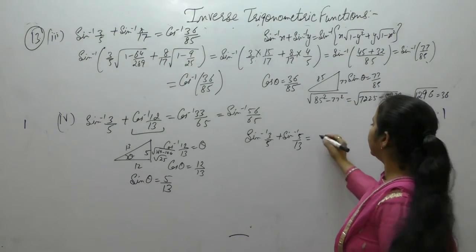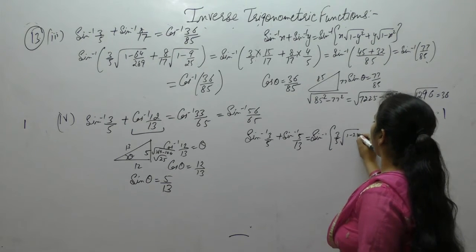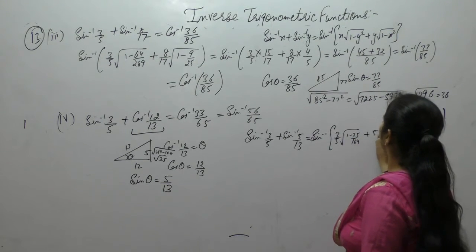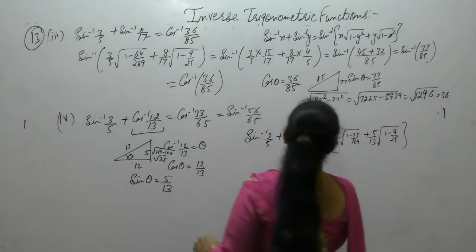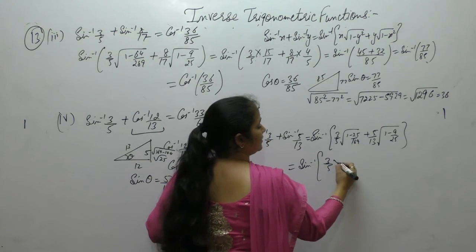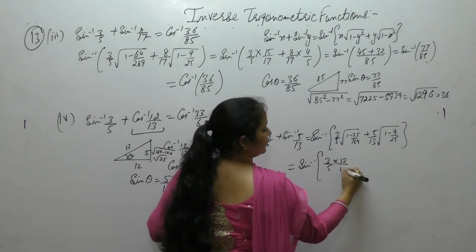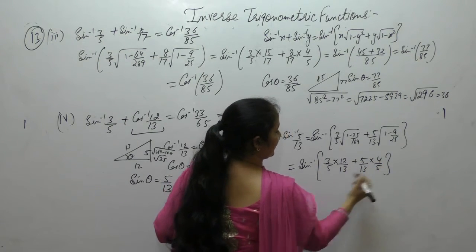Apply the formula here. Sine inverse x into square root of 1 minus y square plus y into square root of 1 minus x square. So sine inverse 3 by 5, 144, 5 by 13, 16, so 4 by 5.